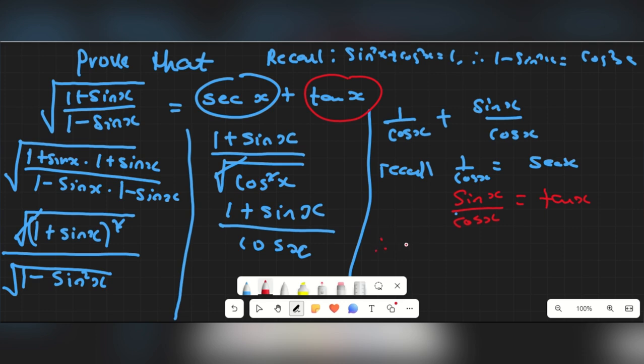So therefore we're going to be having 1 over cos x, that will be sec x, plus tan x, is equal to sec x plus tan x. So this is proved. Okay, so that's how it is done. All right, if you have any question, let us see in the next video.